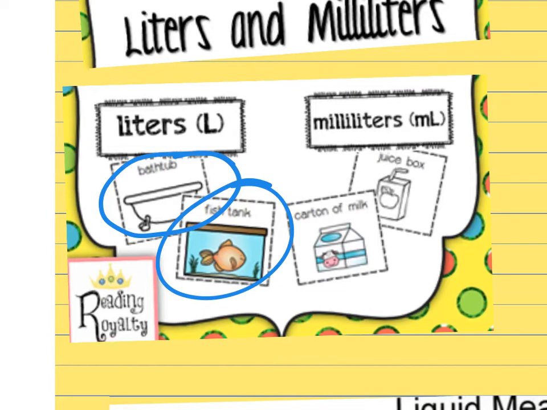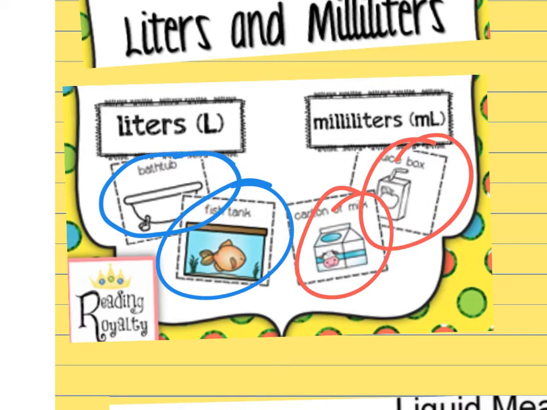But then we use milliliters to know how much milk we have in a carton box or how much juice we have in a juice box. As you see, these are larger objects and these are smaller objects. We use milliliters to measure smaller objects, and we use liters to measure the capacity of larger objects.